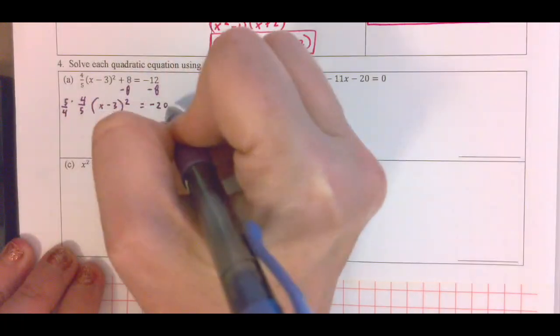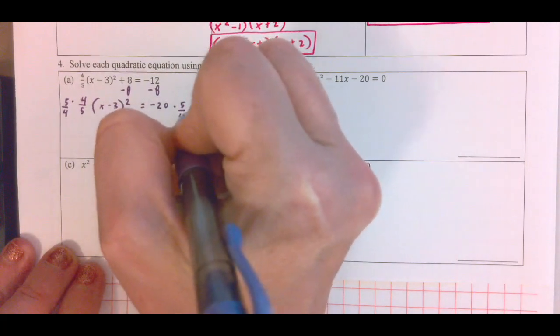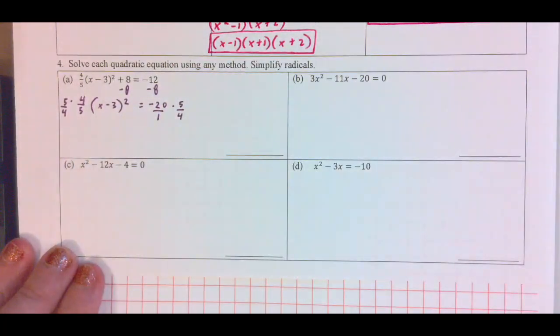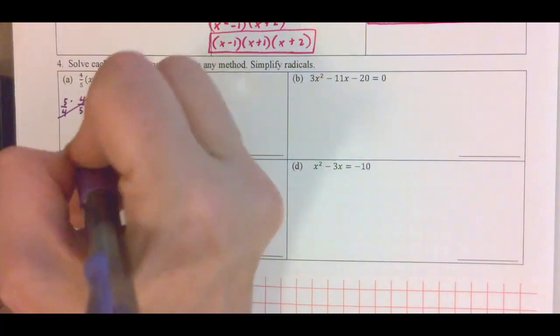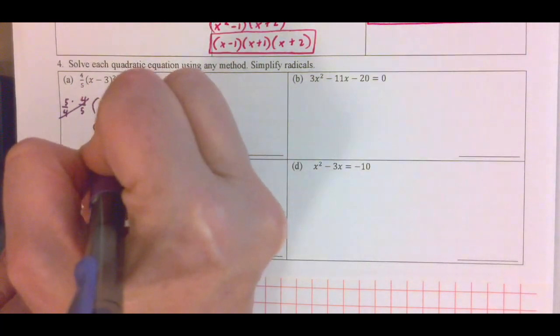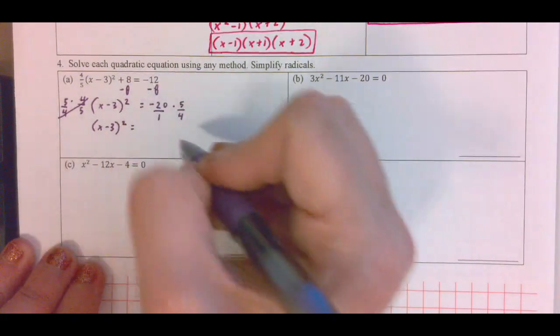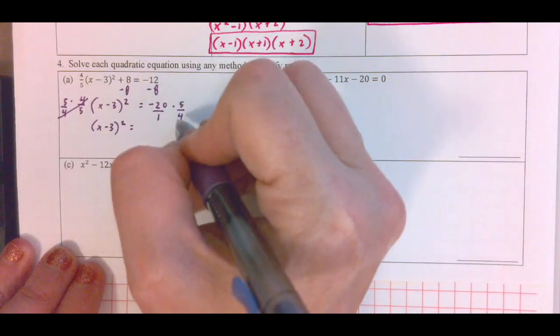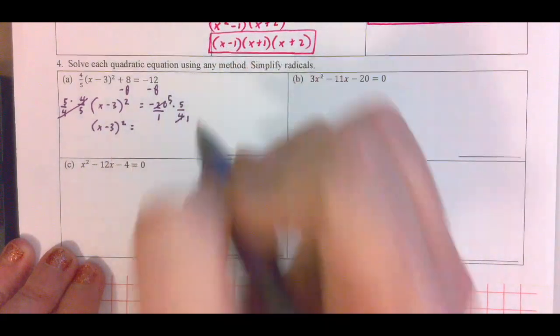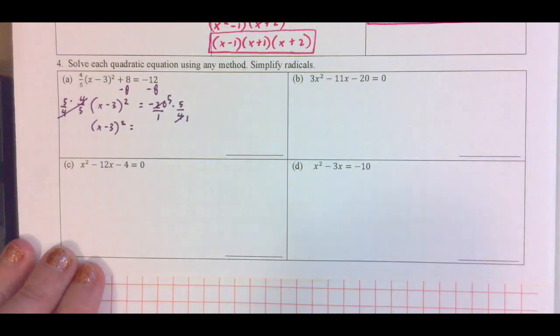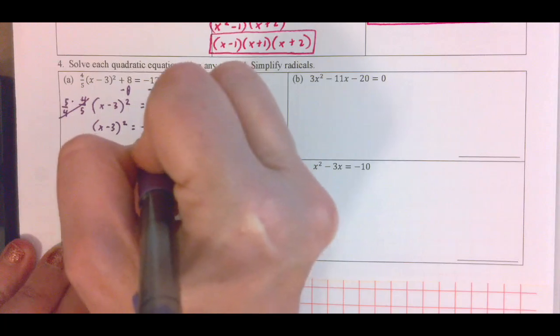Multiply each side by the reciprocal, which is 5/4. This clears to 1. So now I have x minus 3, quantity squared, is equal to, if I reduce that 20 and that 4, that goes to 5 and 1, and negative 5 times 5 is a negative 25.